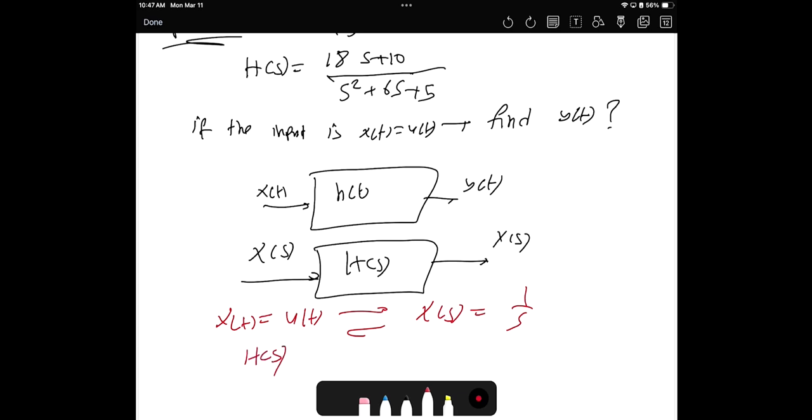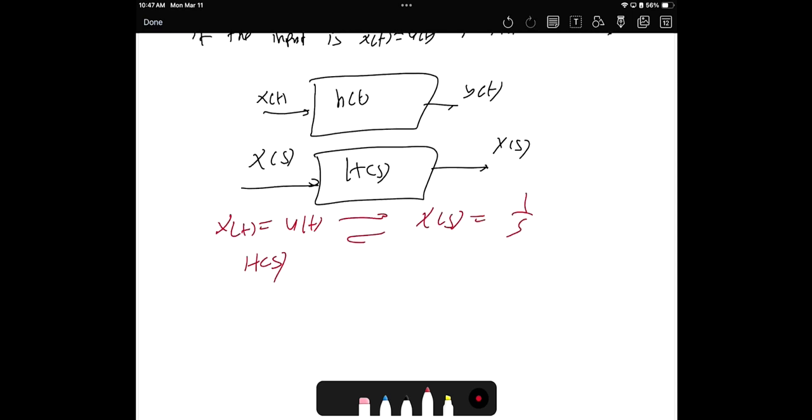How to find the output, since we know H of s and X of s? What's the relationship between the transfer function and the output? We know H of s equals what? Output over input, right? Y of s over X of s. Or in other words, we have it as given, 18s plus 10 over s squared plus 6s plus 5. Is this correct? Again, the definition of the transfer function is output over input.